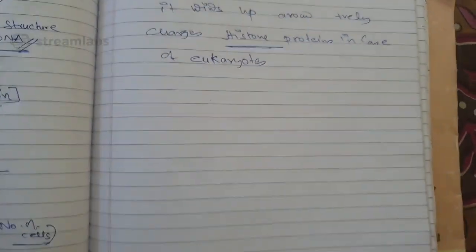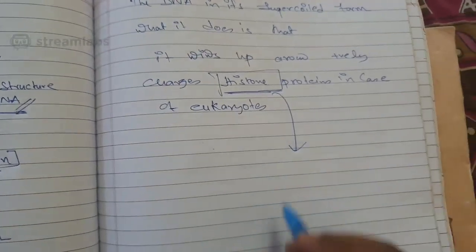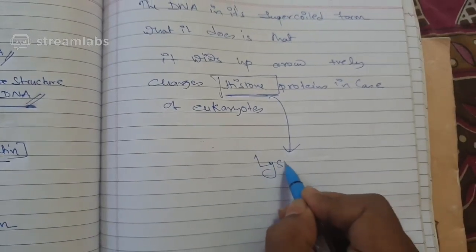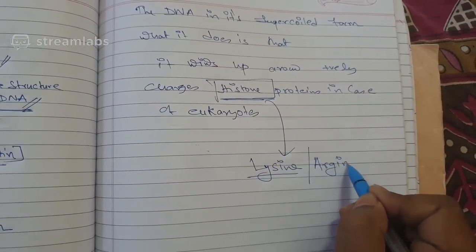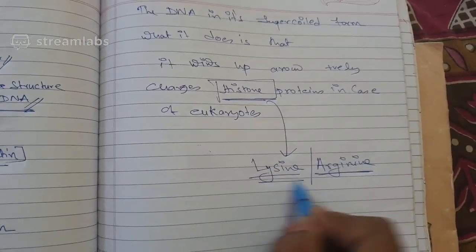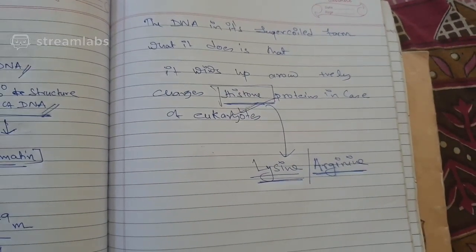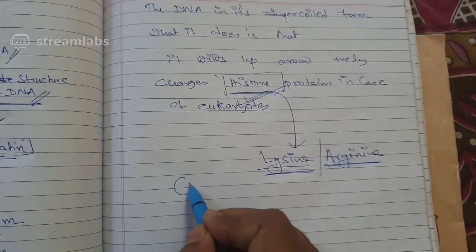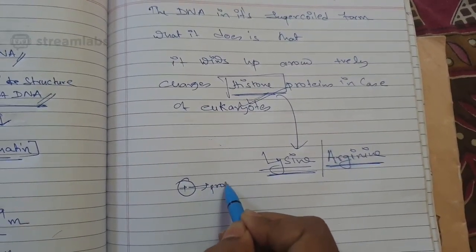Positively charged histone proteins. Sir, why the histone proteins are positively charged? Histone proteins are positively charged because they contain huge amount of lysine and arginine. That is the reason why histone proteins are positively charged. Now, why do we need a positively charged protein for coiling of the DNA?